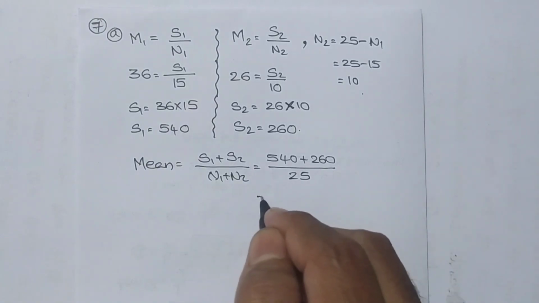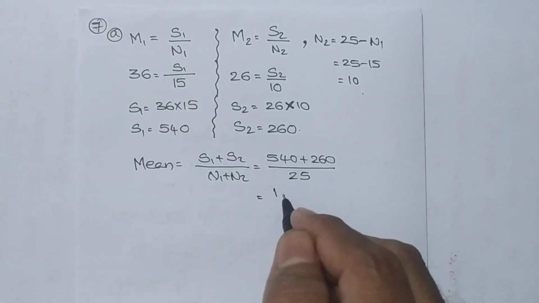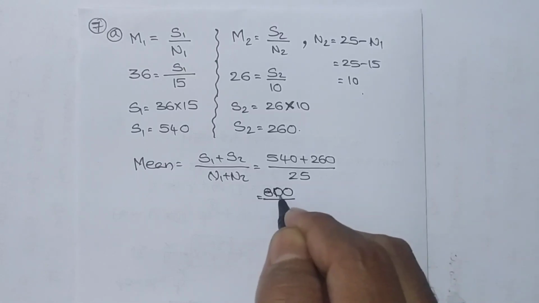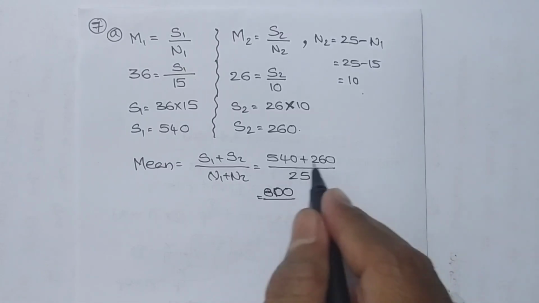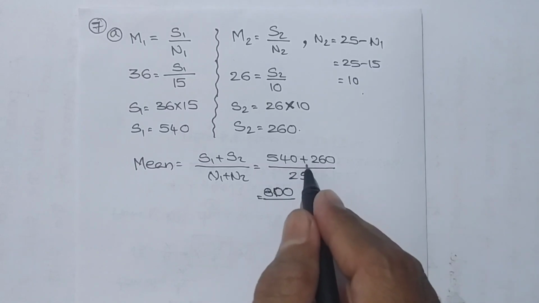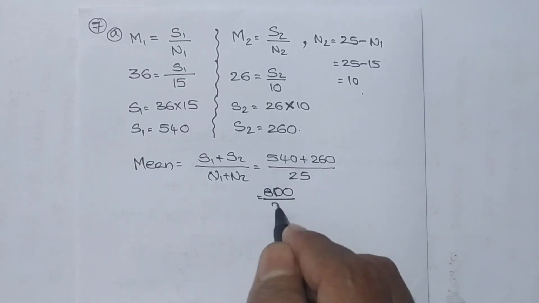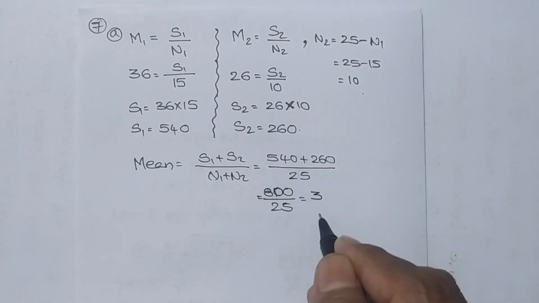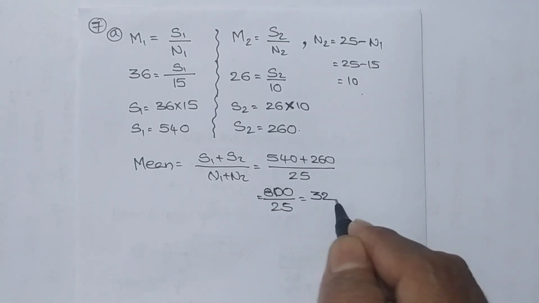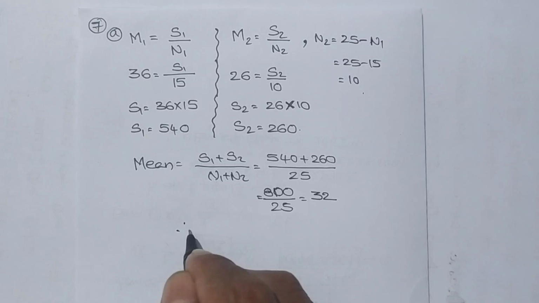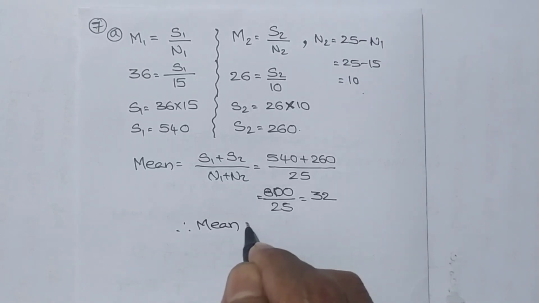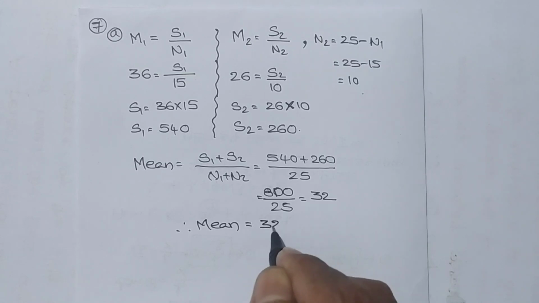So now let us simplify this one. When you add this you will get 800. 800 divided by 25. So 25 3s are 75 and again 50, so 25 2s are 32. Therefore the required mean, or we can say mean of all 25 numbers, is 32.